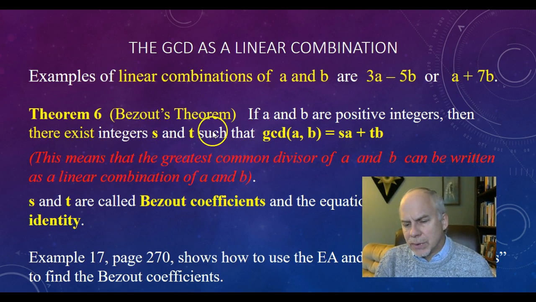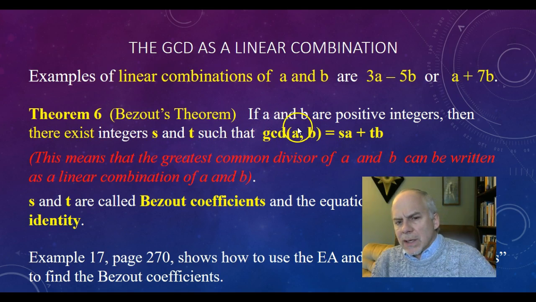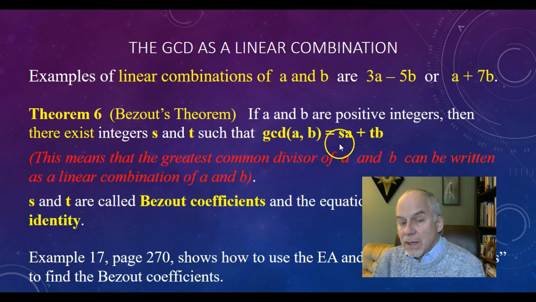It's Bezout's theorem, and it says if a and b are positive integers, then there exist integers s and t such that the greatest common divisor of a and b equals a linear combination of a and b. So s and t are the coefficients in front of a and b in the linear combination.